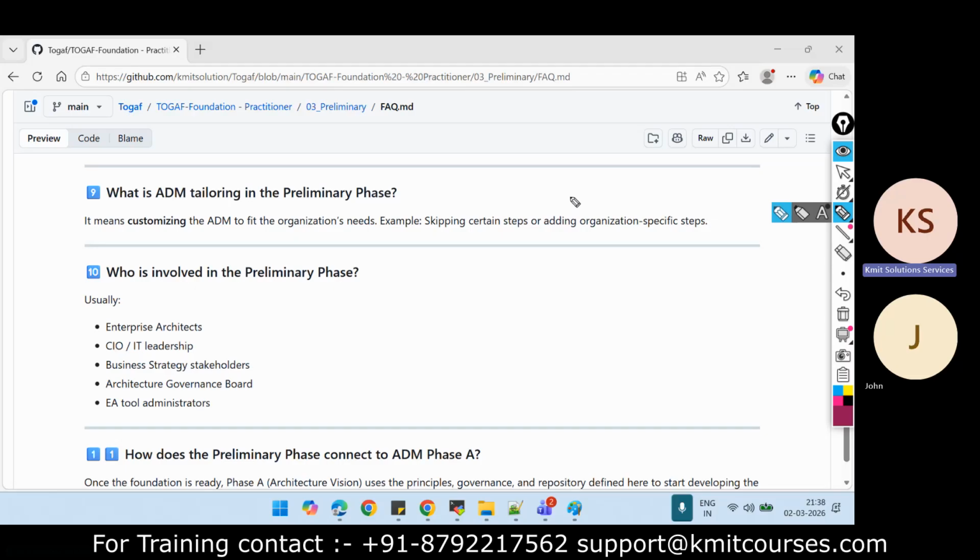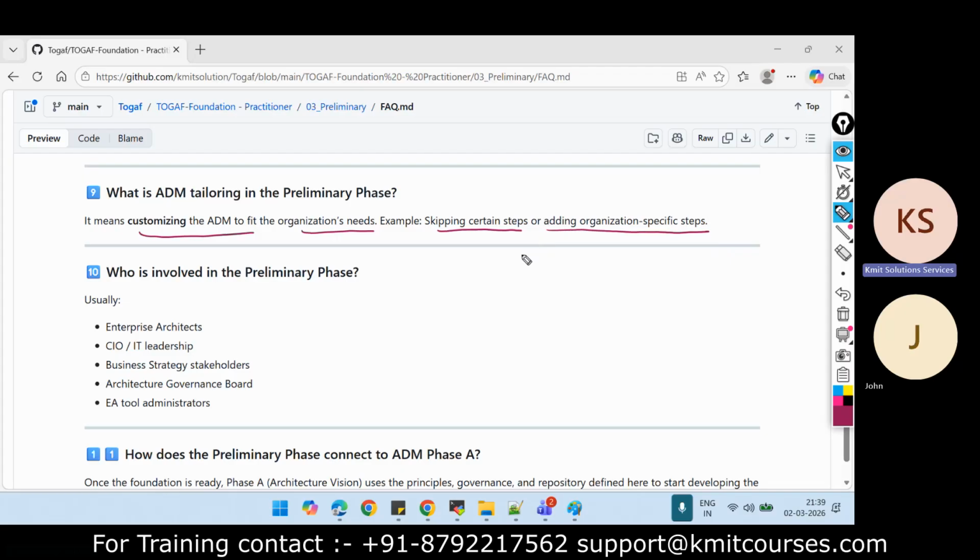So in the ADM, when you say tailoring the preliminary phase, it means customizing your ADM to fit organization needs. Example, skipping certain steps or adding organization-specific steps.